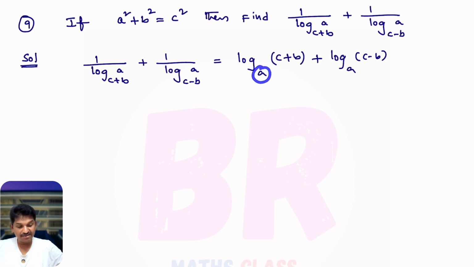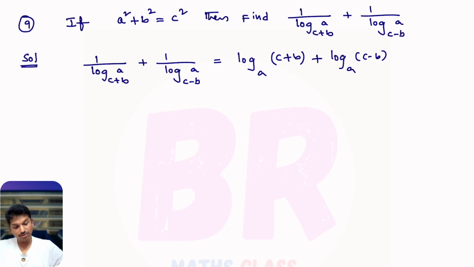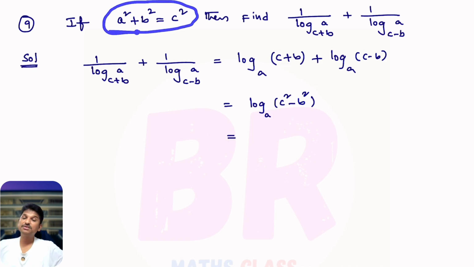You observe here bases are same. So I can use the formula log m base a plus log n base a equal to logarithm of mn base a. So this is logarithm of c plus b into c minus b, that is c square minus b square, base a. You observe they given this a square plus b square equal to c square.